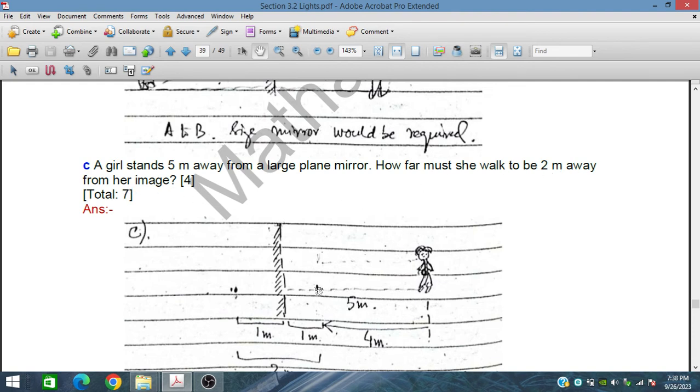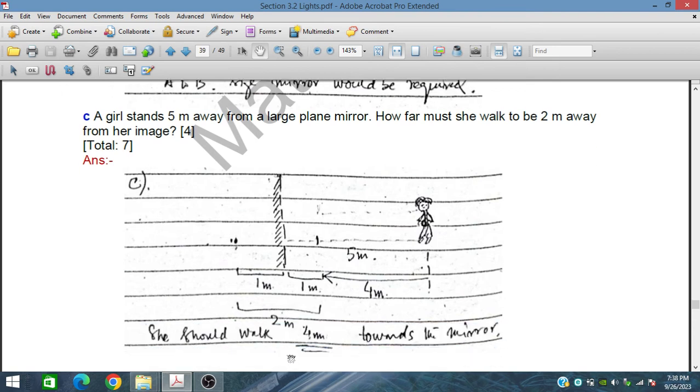If she likes to have an image 2 meters from herself, the object's distance from the mirror is 1 meter, like this.